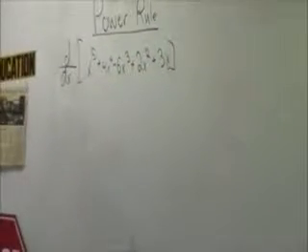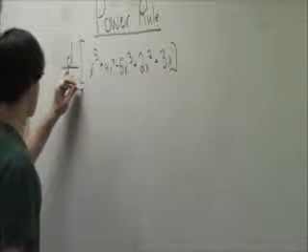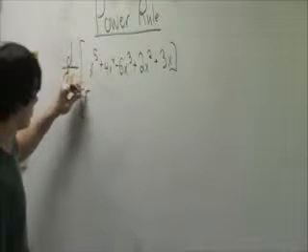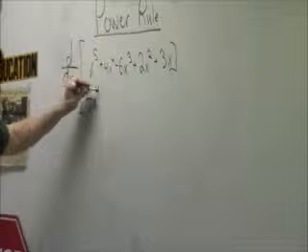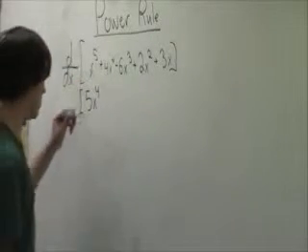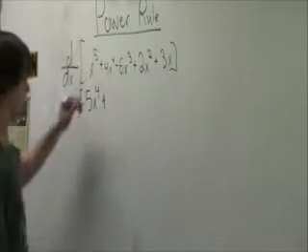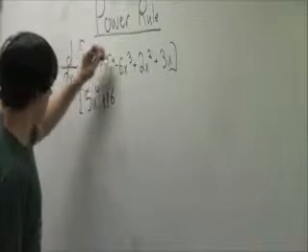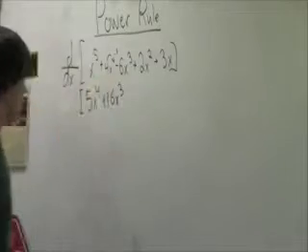It's just like a normal power rule problem, but you take each term and separate it. So you take the derivative of x to the 5th first. You take your power, 5, multiply it by the coefficient of 1, x to the 4th, plus 4 times 4, 16, x to the 3rd.